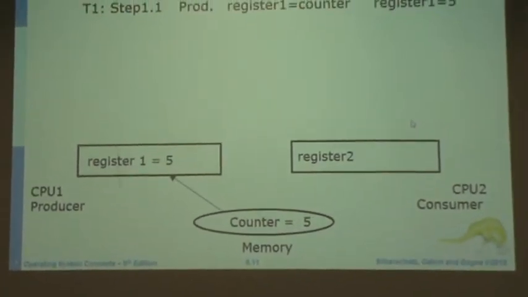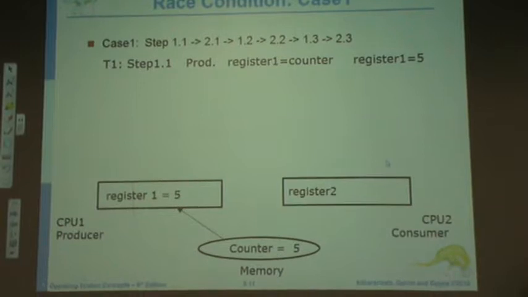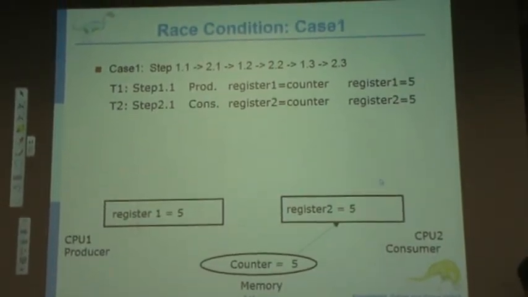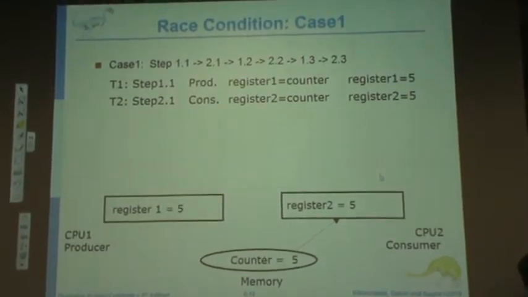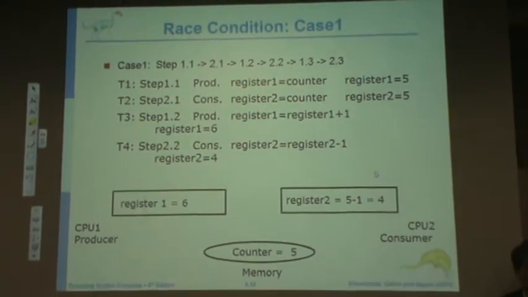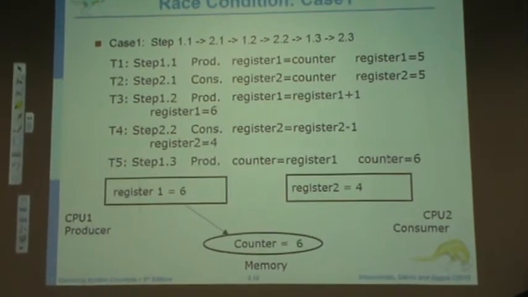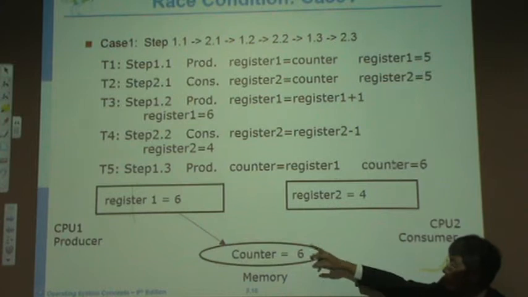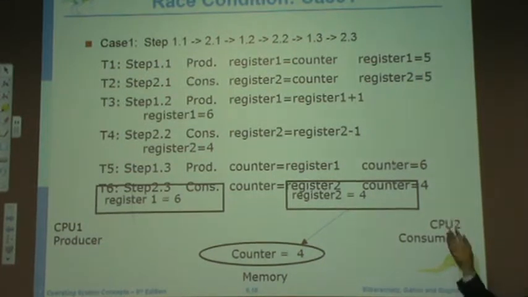So read the counter, store the data to register 1 in CPU 1, and similarly the consumer reads the data, still 5, and stores the value to register 2, then increments by 1 and decreases by 1. Right now it's 6 and 4. Then store such register values to the shared memory. It's 6, but it's overwritten by the consumer.